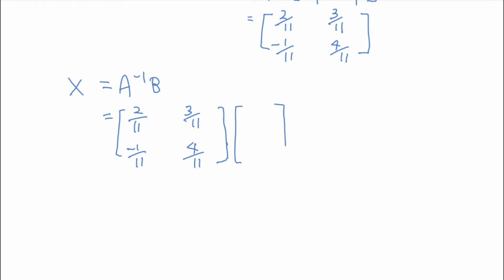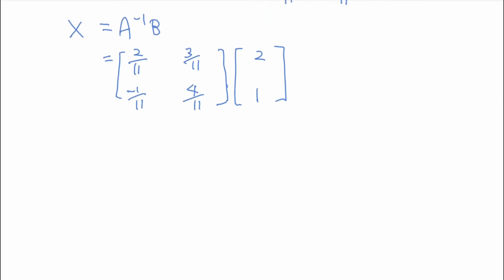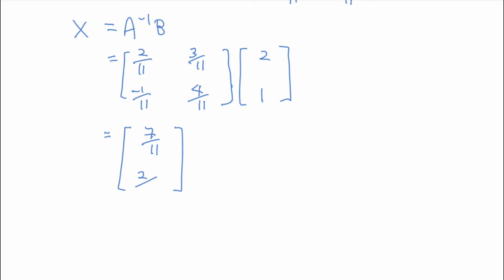Matrix B is 2 and 1. By using your knowledge of multiplication of two matrices, you will get the final answer, which is 7 over 11 and 2 over 11.